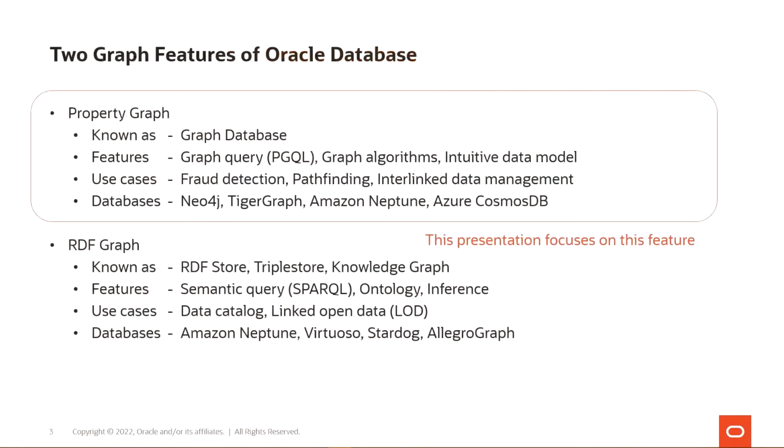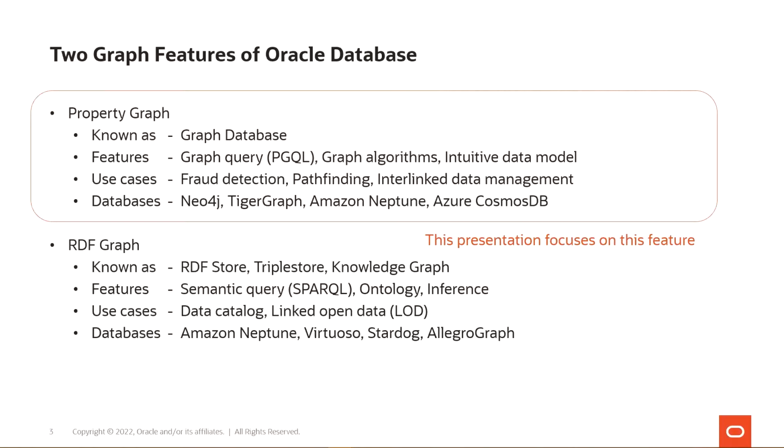Maybe I should emphasize two more things before I go further. We do support two different graph models in the Oracle database. One has been there for a longer time already, which is called RDF graph.